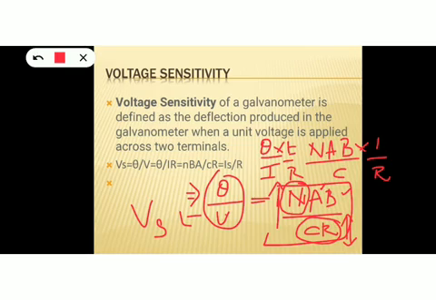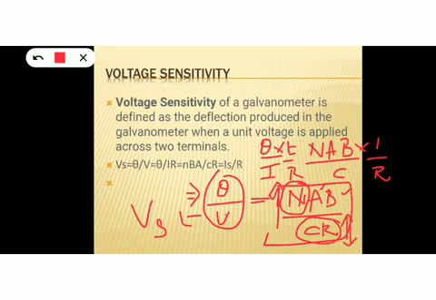So even if we increase the number of turns, it is not going to increase the voltage sensitivity, but it will increase the current sensitivity. Voltage sensitivity will not increase. This is the reason: the effect is nullified.